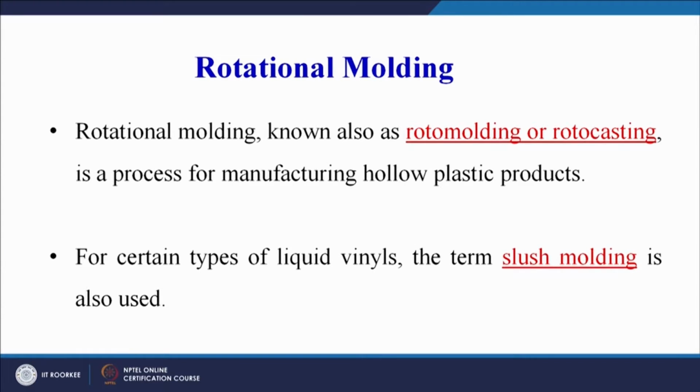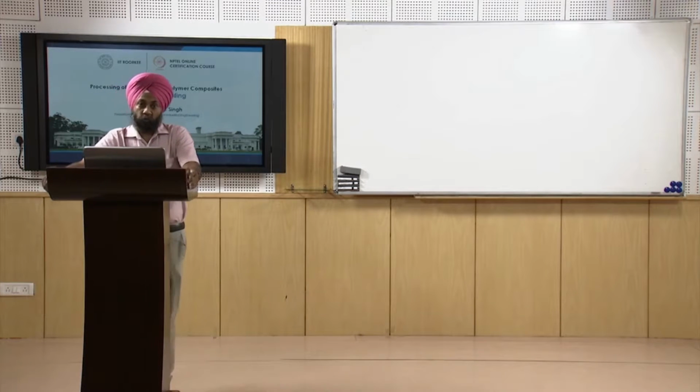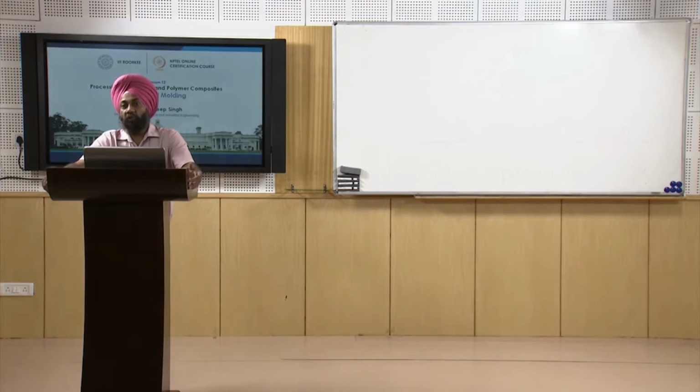For certain types of liquid vinyls, the term slush molding is also used. If you have studied a basic manufacturing processes course, you will remember there is a casting technique called slush casting. So the rotational molding process is also sometimes called the slush molding process.